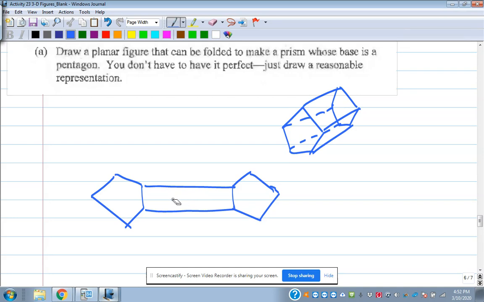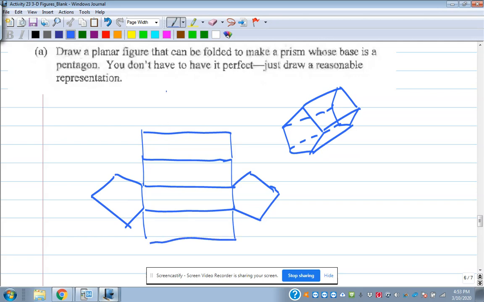They should be about the same size as that because they're going to connect. Think about, I'm going to fold these two ends up and then smack them around the sides and make a box out of that. So I'm going to draw one here and then another one here. I could draw one down here if I wanted to.